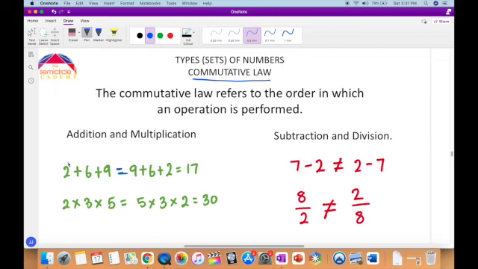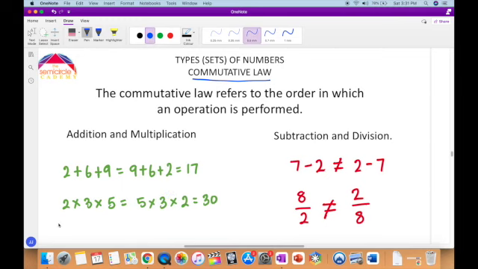In fact, I could have added the 2 to the 9 first and then added the 6 after if I wanted to. You could add in any order and you will get the same answer, right? Same thing for multiplication. If I take 2 times 3 times 5, that is the same as 5 times 3 times 2 or 5 times 2 times 3. You will always get the same answer.